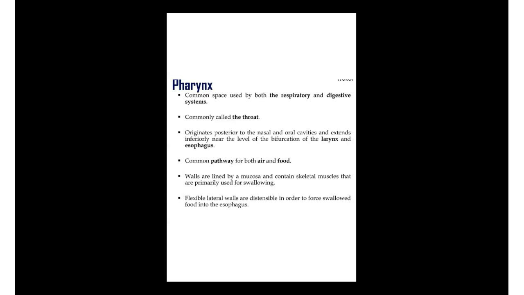But what happens when we are swallowing or eating? The windpipe gets covered up. Otherwise, if it does not cover up, it is possible that the food goes into the windpipe and causes blocking, choking, or sudden death of the patient.